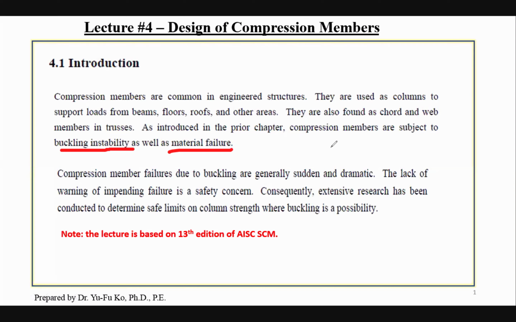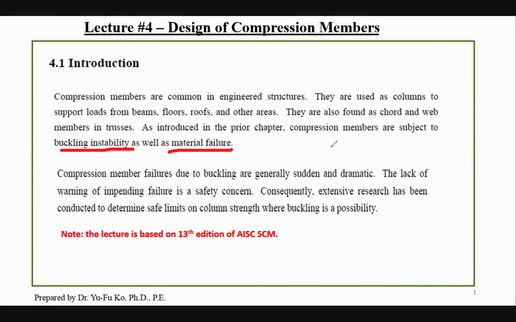So there are two different failures in compression member. Compression member failure due to buckling usually is sudden and dramatic because it lacks the warning of impending failure, which is a safety concern.